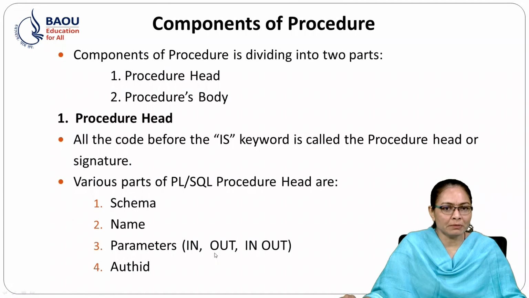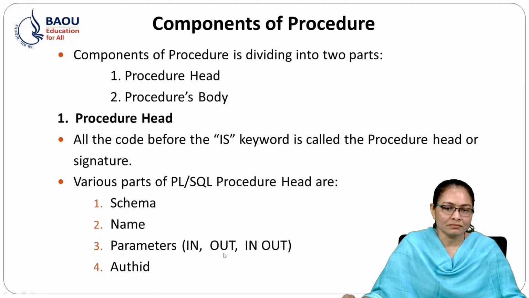Now, what do you mean by IN parameter? The IN parameter receives or accepts the value that will be passed from the outside when the procedure is called, and OUT is used to send or return a value to the outside when the procedure is called. An IN OUT parameter is used to accept as well as send the value from the outside procedure execution.